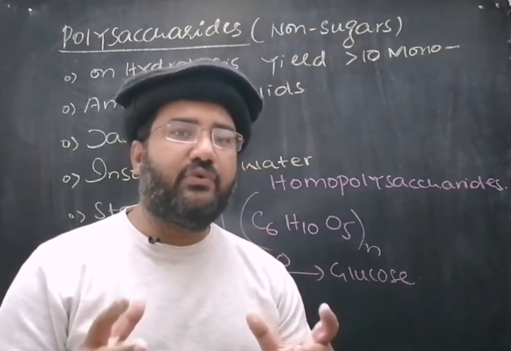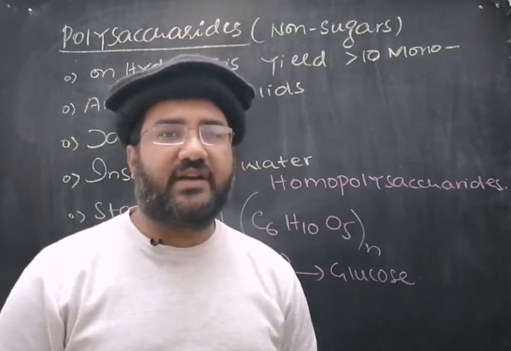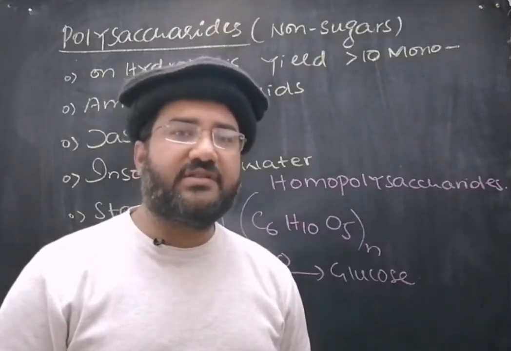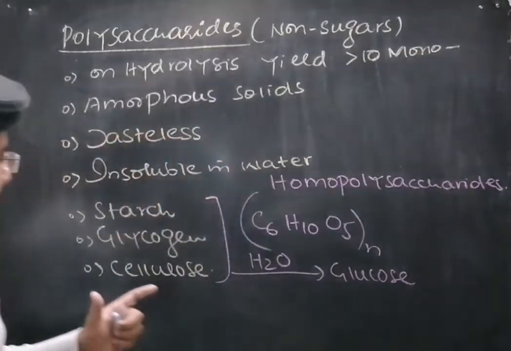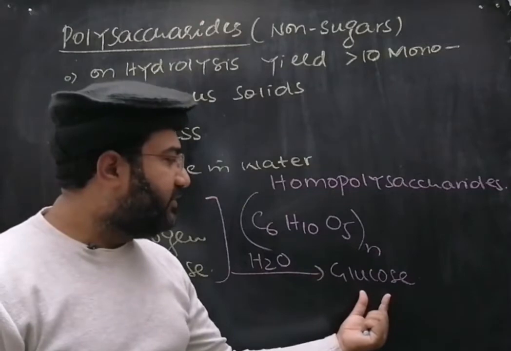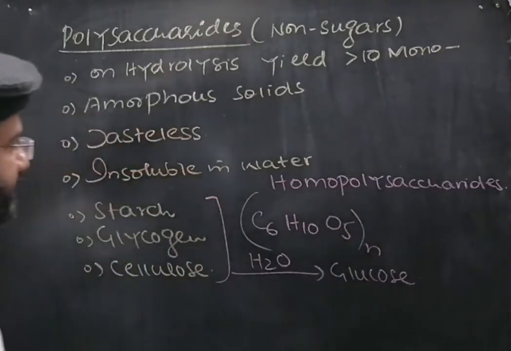So it consists of two different monosaccharides. Maltose, that is also a disaccharide, consists of two glucose units, so it is a homosaccharide. In the same way, all these polysaccharides on hydrolysis give only one type of monosaccharide, that is glucose. So that's why they are called homopolysaccharides.